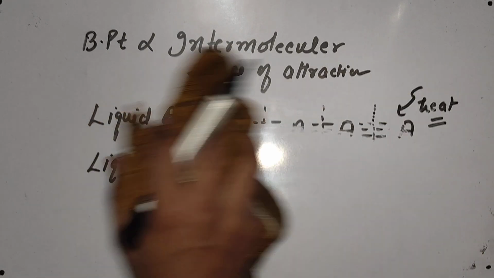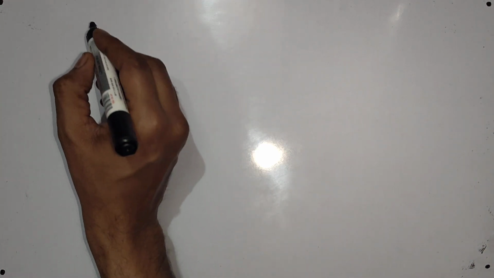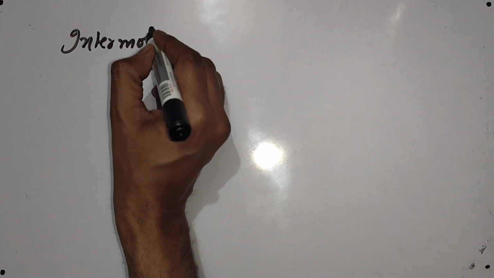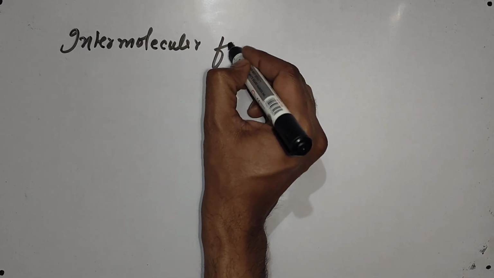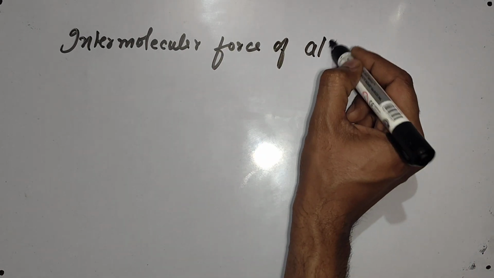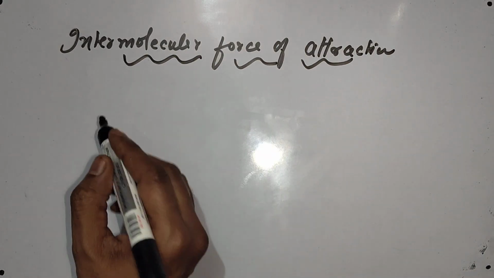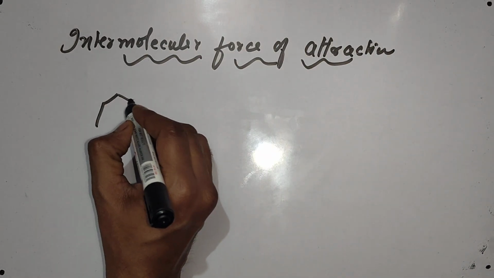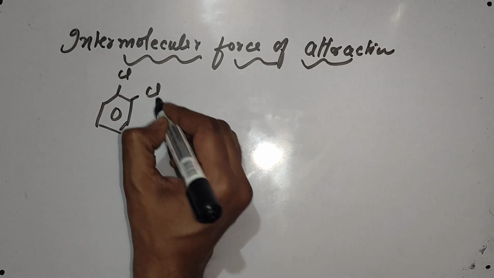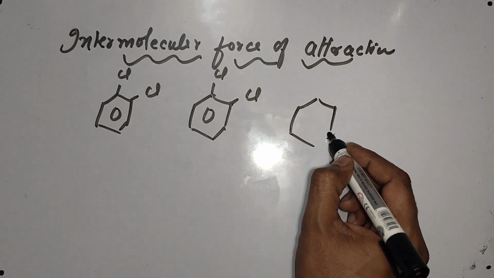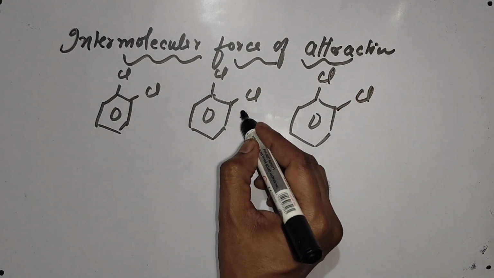Now the case which we are dealing with, ortho, meta and para dichlorobenzene, which forces of attraction exist between their particles? So I am writing intermolecular forces of attraction which exist between the particles of ortho to ortho, like this is the first ortho dichlorobenzene, this is the second ortho dichlorobenzene particle, this is the third ortho dichlorobenzene particle.